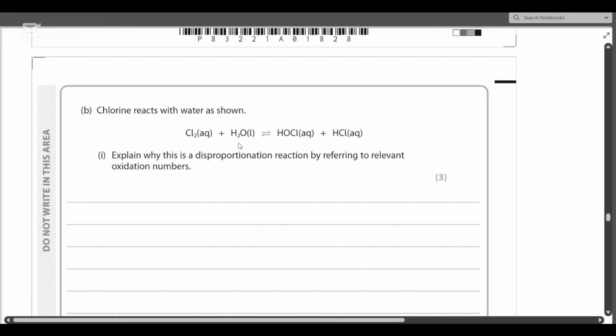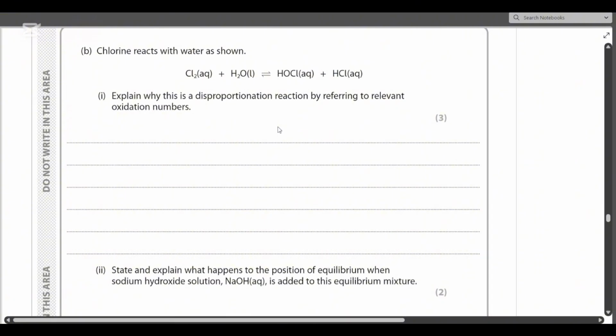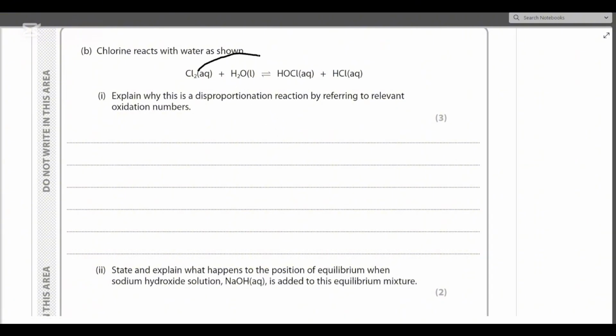Next up, chlorine reacts with water is shown. Now this is the reaction provided. Explain why this is a disproportionation reaction by referring to relevant oxidation numbers. Okay, first of all, you can clearly see that the chlorine is once oxidized and again it's reduced.